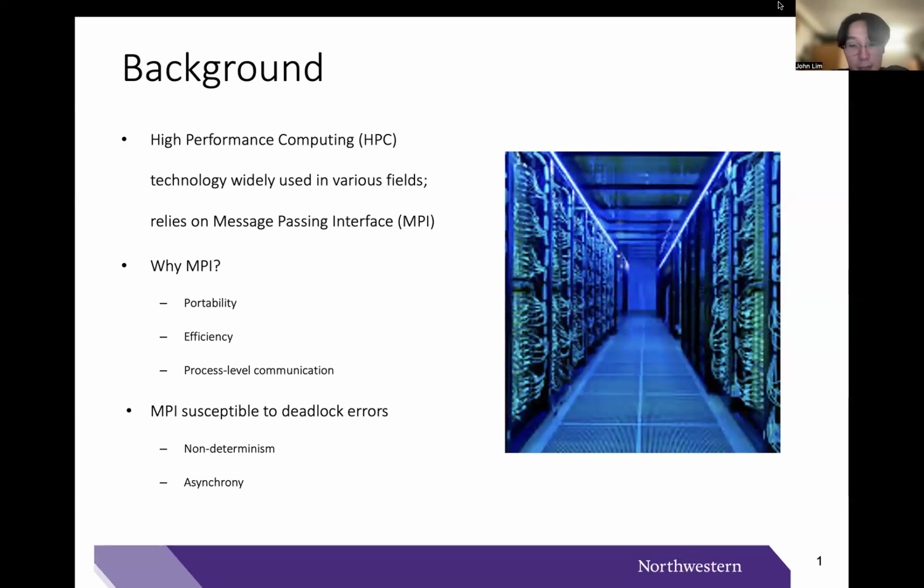MPI is widely used because of its portability, efficiency, and process level communication. However, the problem of MPI is that it is susceptible to deadlock errors due to its nature of non-determinism and asynchrony.